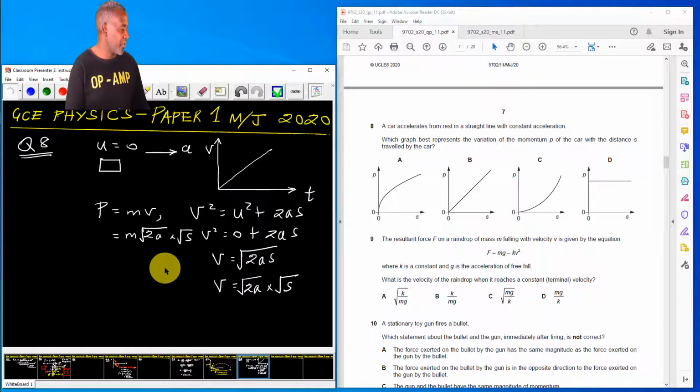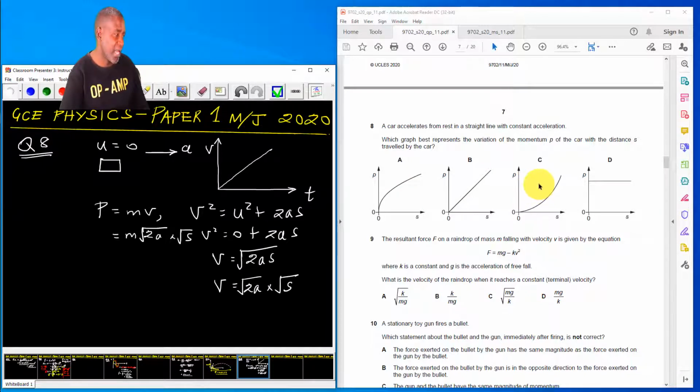Now, if you plot a graph, this kind of graph, how will it look like? That's why now we come to here, because we want to know, does it look like this? Does it look like this?